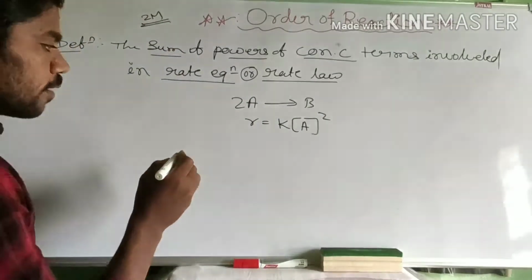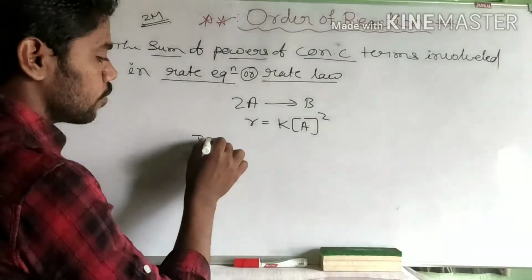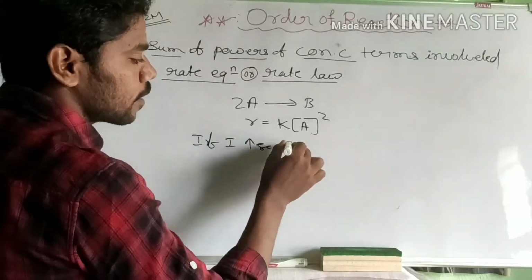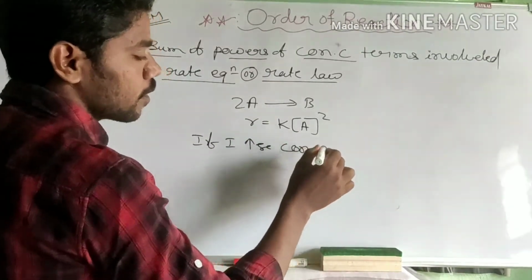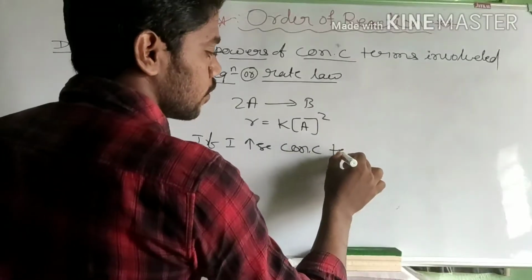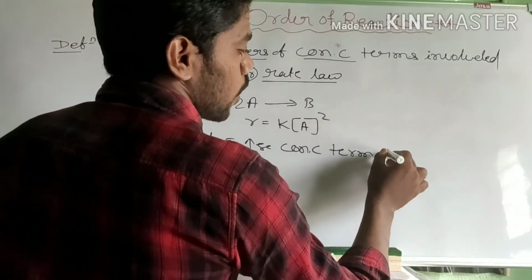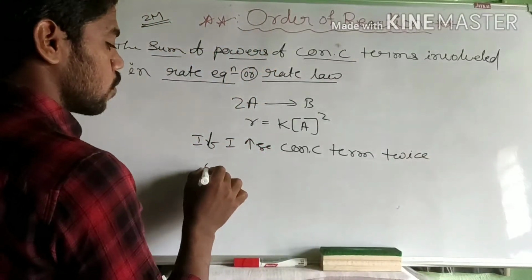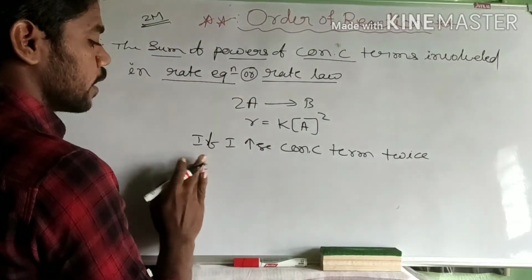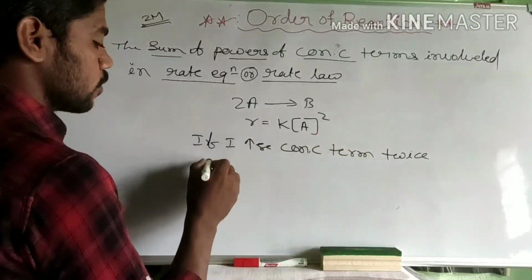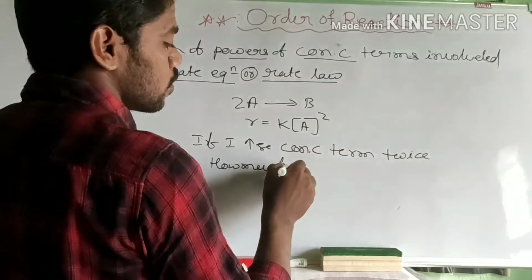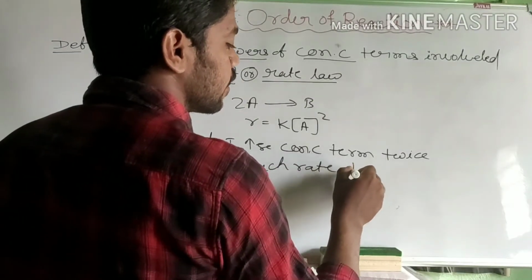If I increase the concentration term twice, how much does the rate of reaction increase?